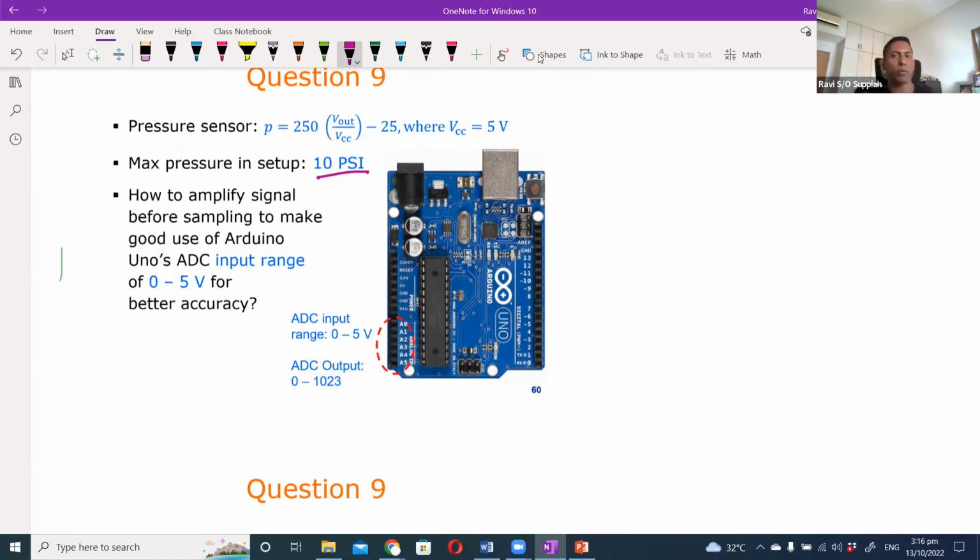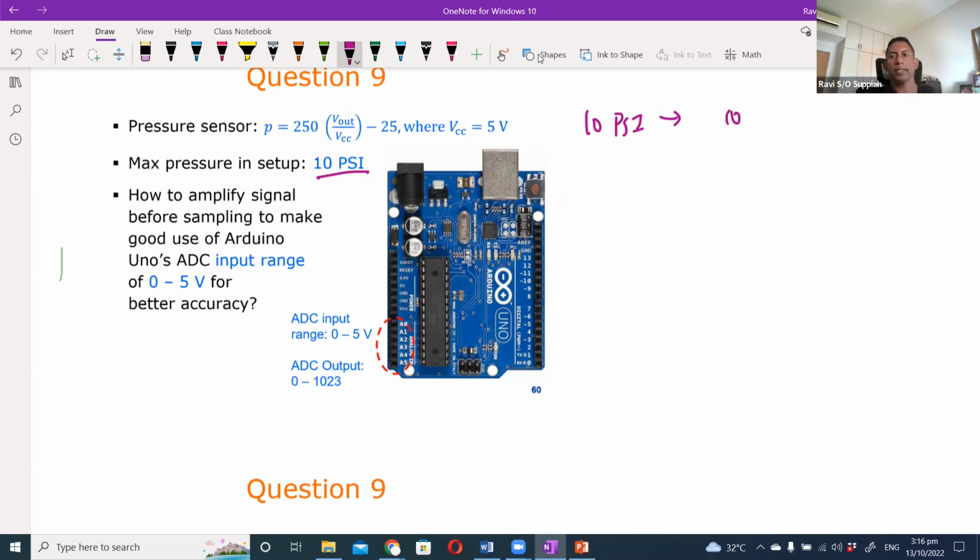But if you have no choice, for some reason, and you can only use the analog version, then you have to go through this process. The first thing is we want to understand the range. We know that maximum pressure is 10. So if I have 10 psi, what does it translate to in terms of the values we put inside this expression?